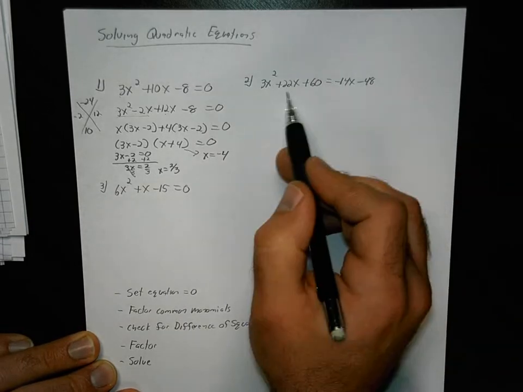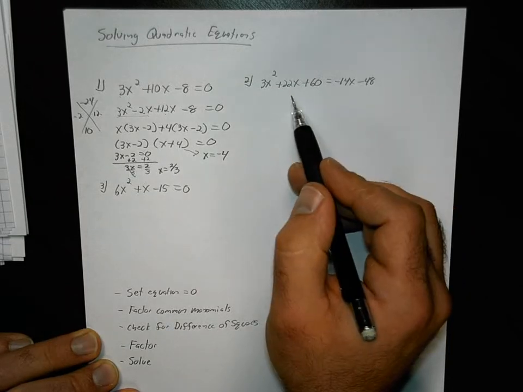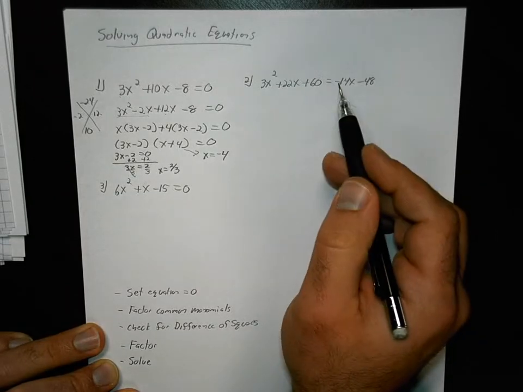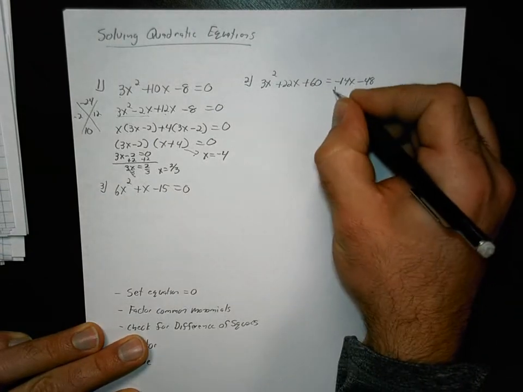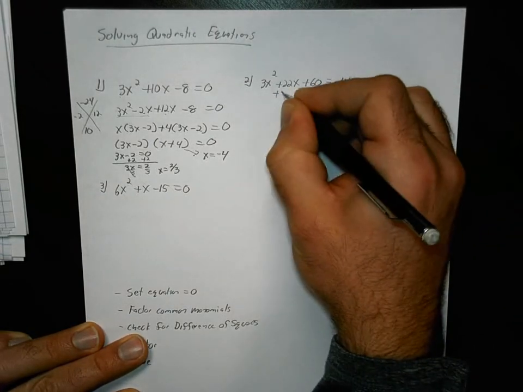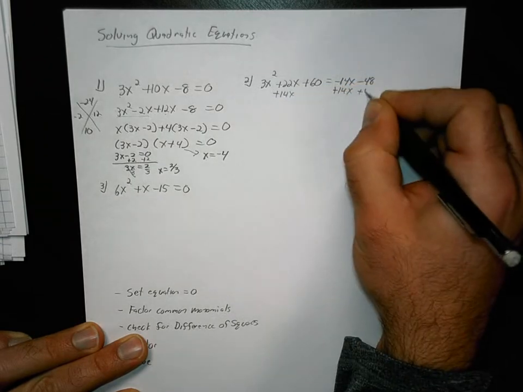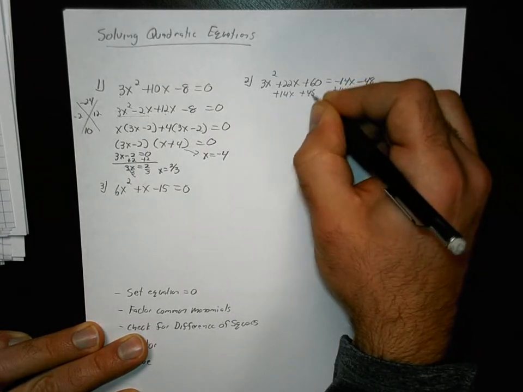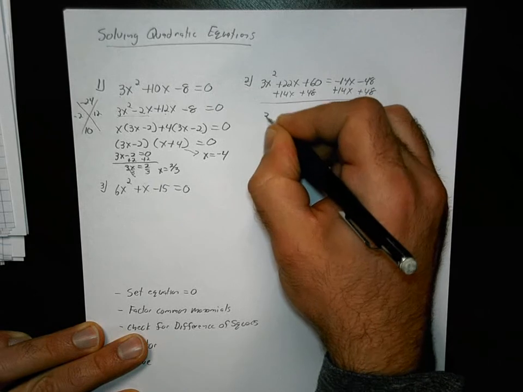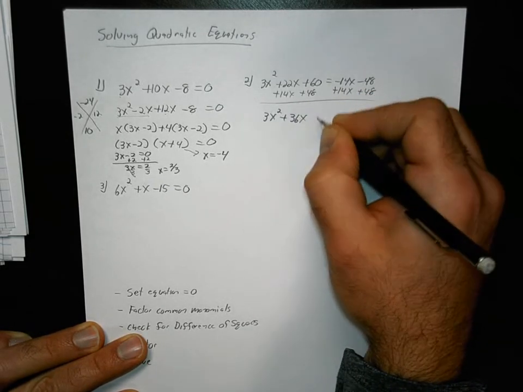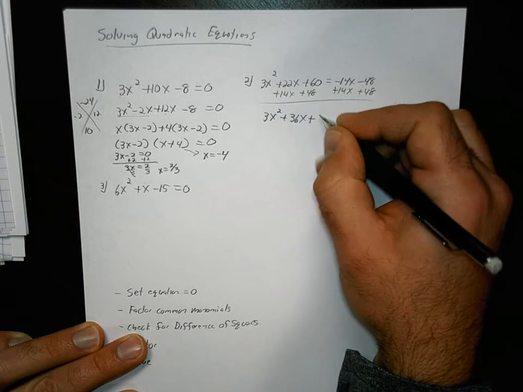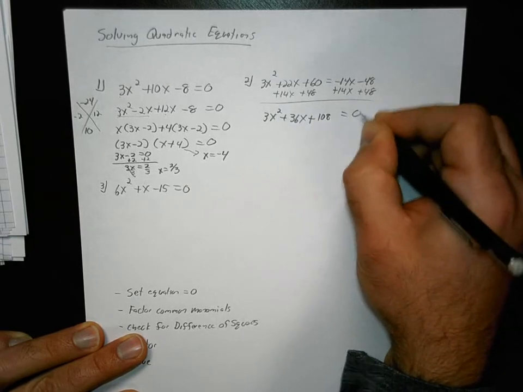Okay, now look at this mess. This one looks complicated. But let's see what happens when I try to get everything over to one side. So I'm going to add 14x to both sides. And I'm going to add 48 to both sides. I get 3x squared plus 36x plus 108 equals 0.